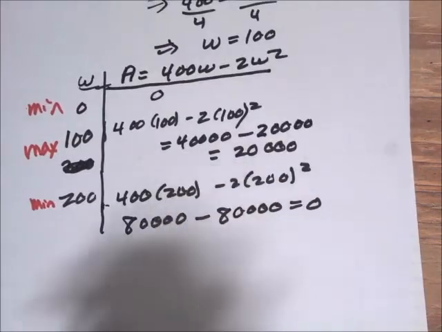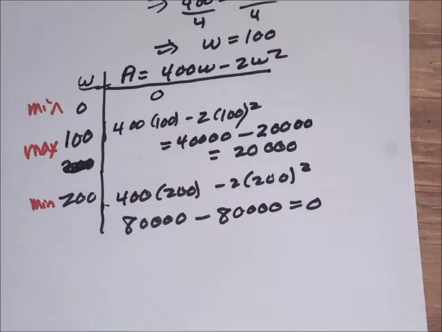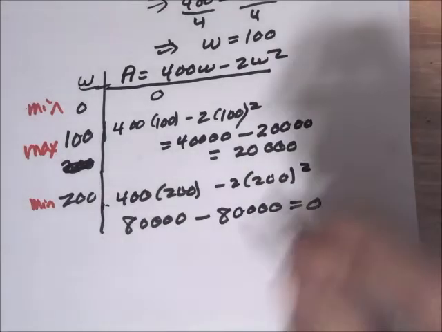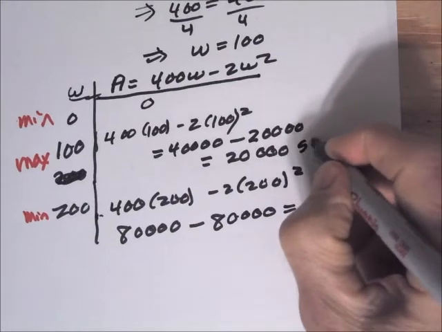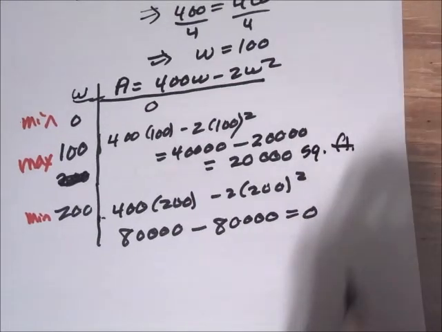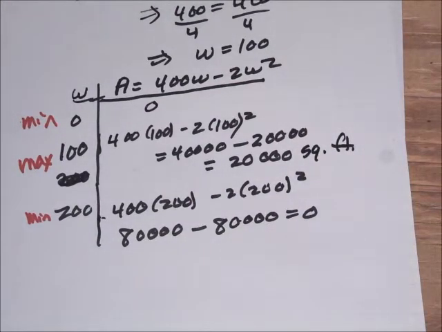So we want the maximum area, which would be 20,000 square feet, and that occurs when W is 100, and then the 400 minus 2W is going to be 200.